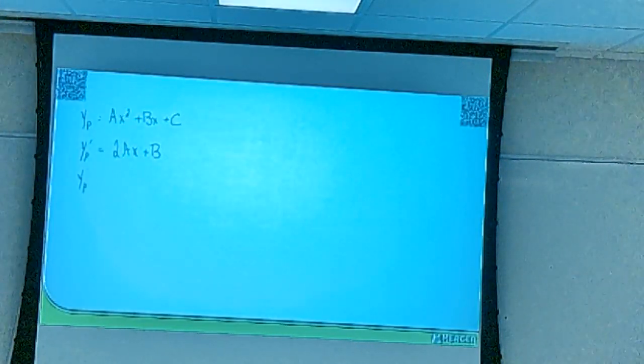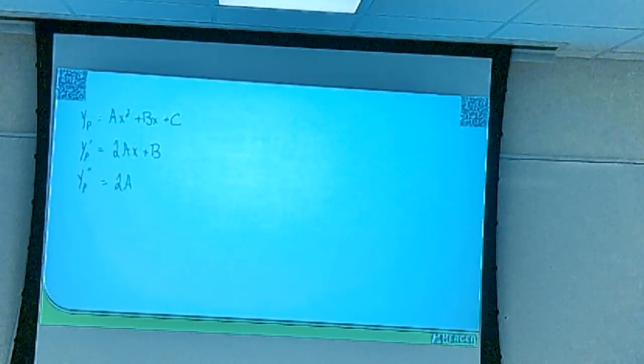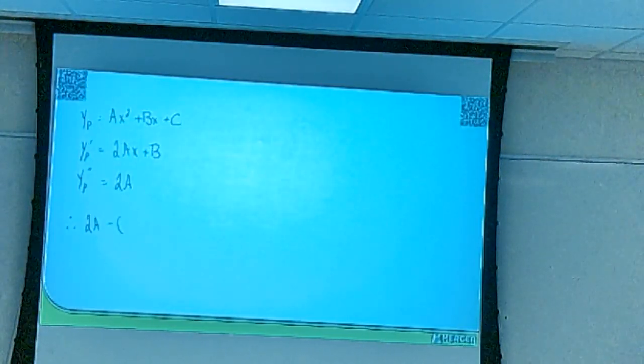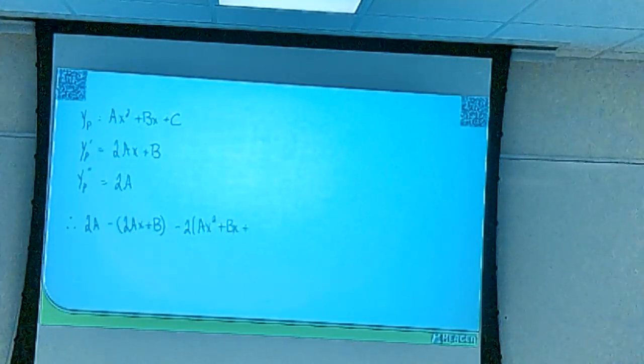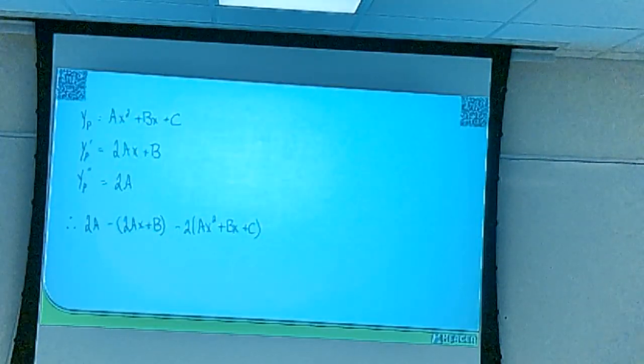And what's yp double prime? Just 2a. Now plug that into the differential equation, which was y double prime minus y prime minus 2 times y. That has to equal 4x squared.